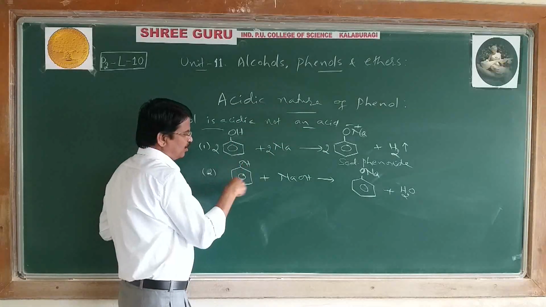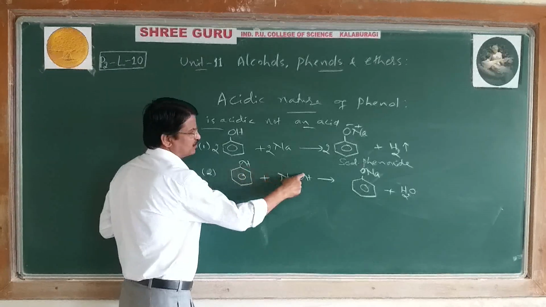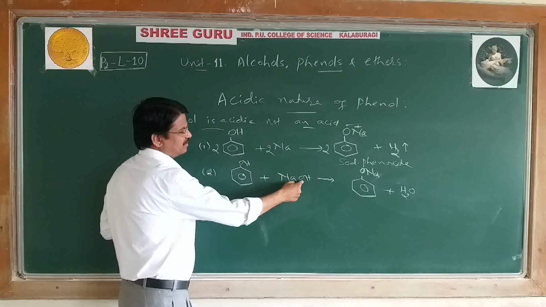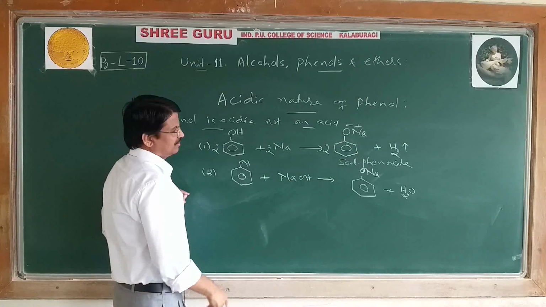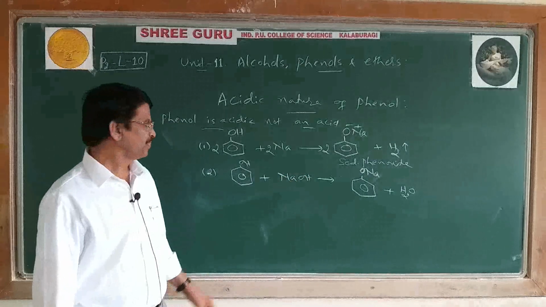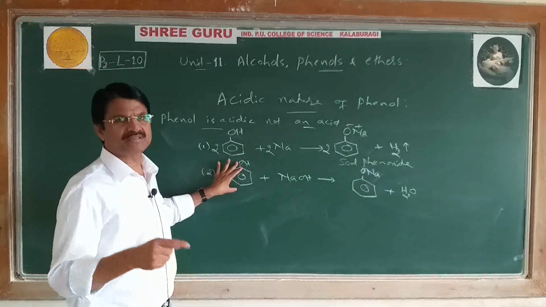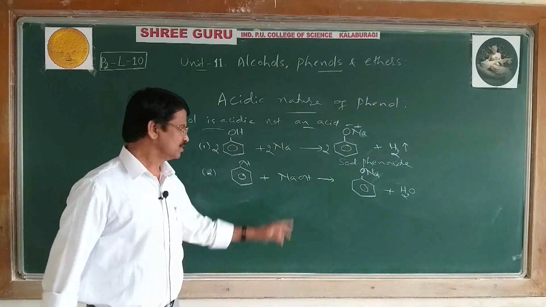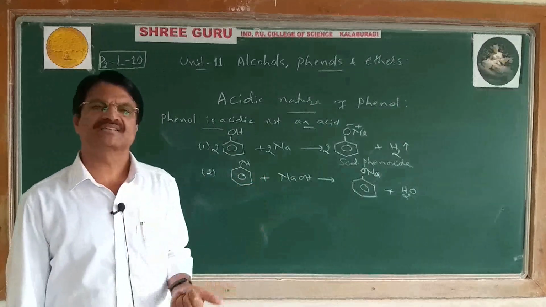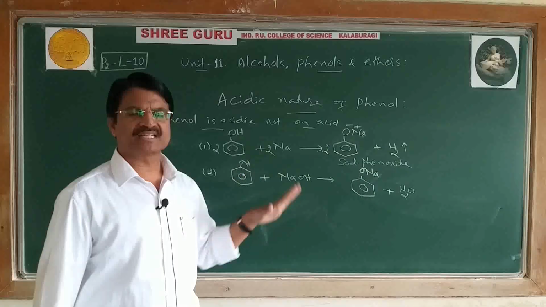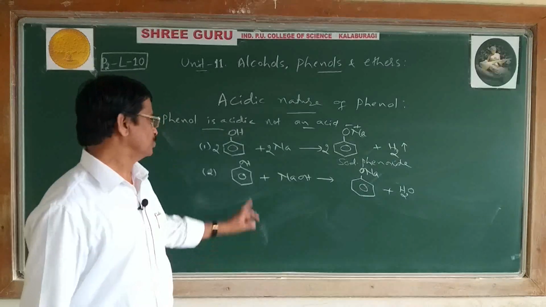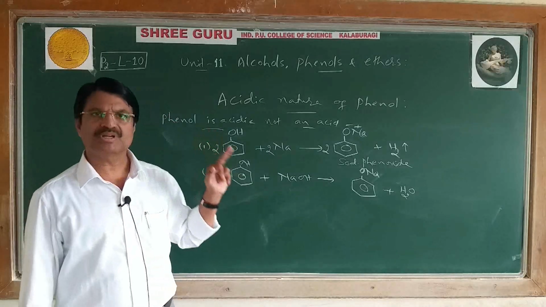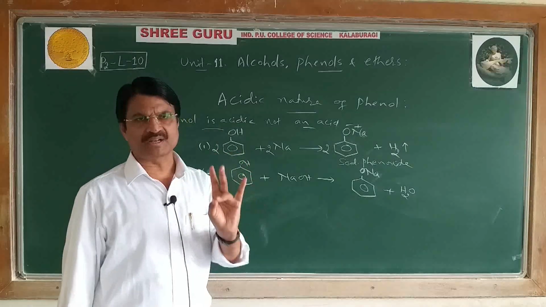The H of the phenolic compound reacts with OH to form H2O, and O negative with Na plus gives ONa. Now what does this reaction prove? Phenol is acidic, no doubt, but it is more acidic than water, because NaOH plus water gives no reaction, NaOH plus alcohol gives no reaction, while NaOH plus phenol reacts. This proves phenol is more acidic than water and alcohol.